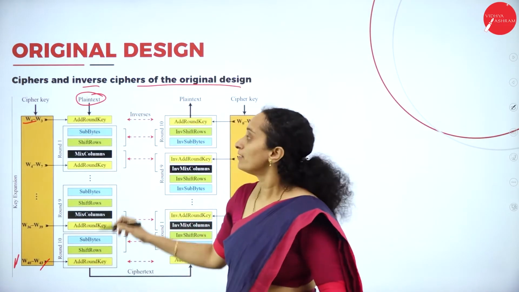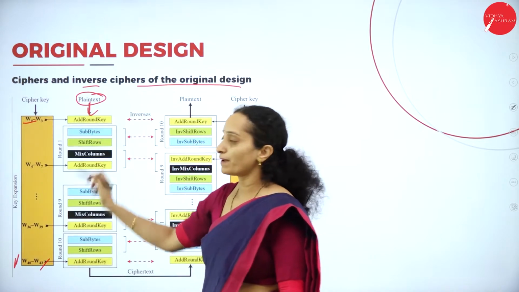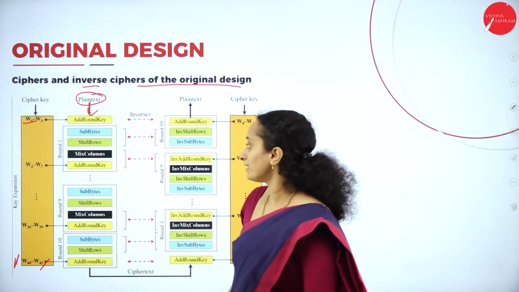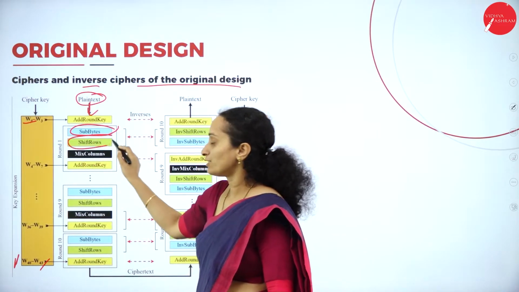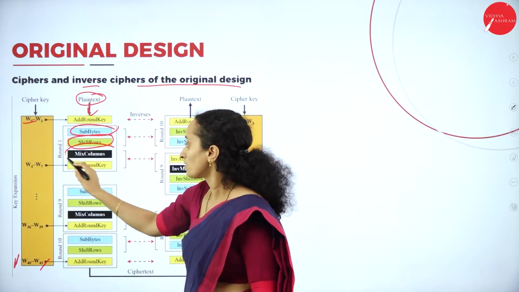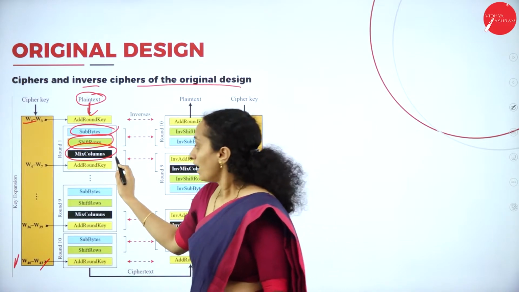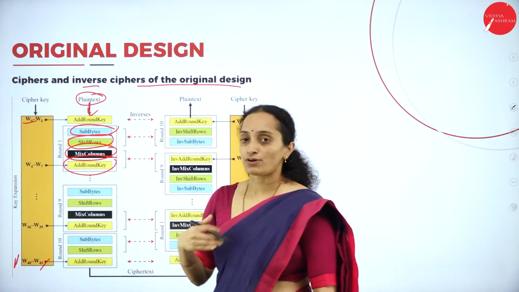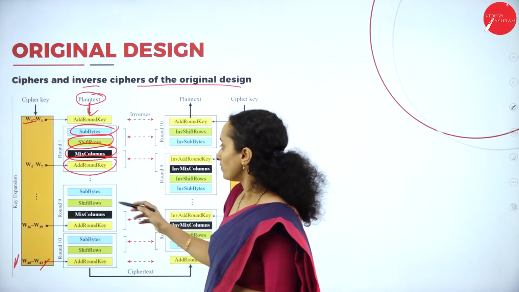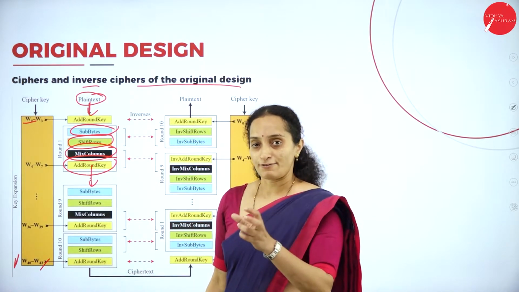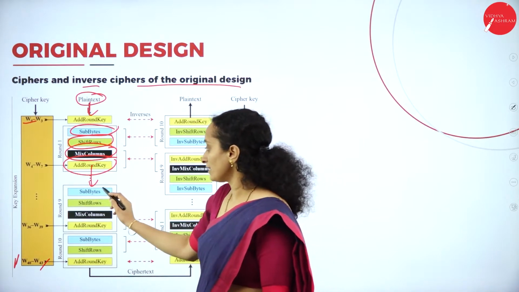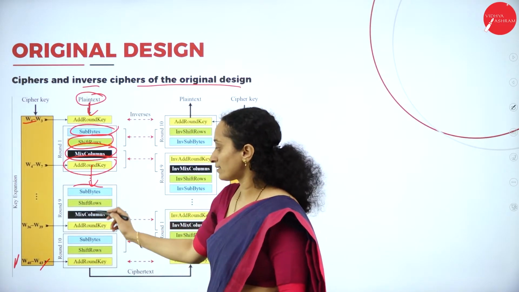Plain text will be applied to the add round key method, then uses subbytes, then shift rows, then mix columns, and another add round key for the next round. This add round key generates the intermediate ciphertext, which is provided to the next rounds.